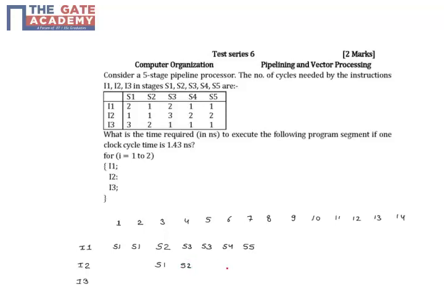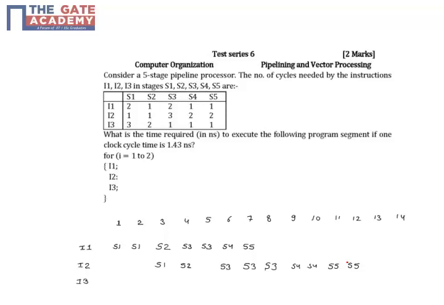Now S3 will start from 6, because the S3 segment is busy executing I1 up to 5. So S3 will start from here and go up to 8. After that S4 will execute for 2 and S5 will execute for 2. That means S4 up to 10, and then S5 up to 12.